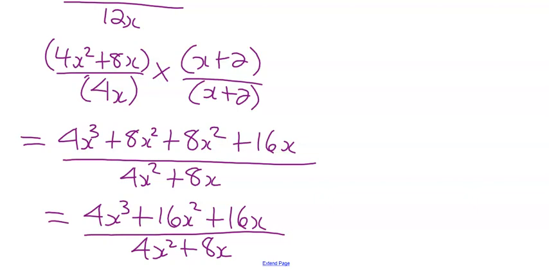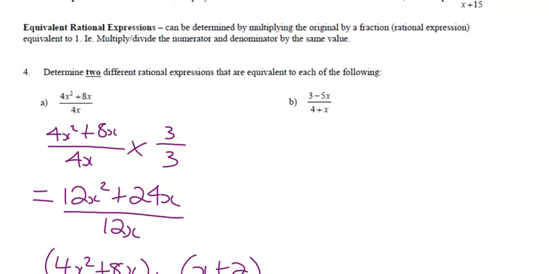You'll figure out, oh, if I multiply by this, that'll give me the denominator I want. Oh, but wait, the step is this over this, right? This has to be 1. I'm just multiplying by 1, but this has to be x plus 2. So this is x plus 2, and carry over the procedure. Then take that result and do something else with it. All right, (3 minus 5x) over (4 plus x).